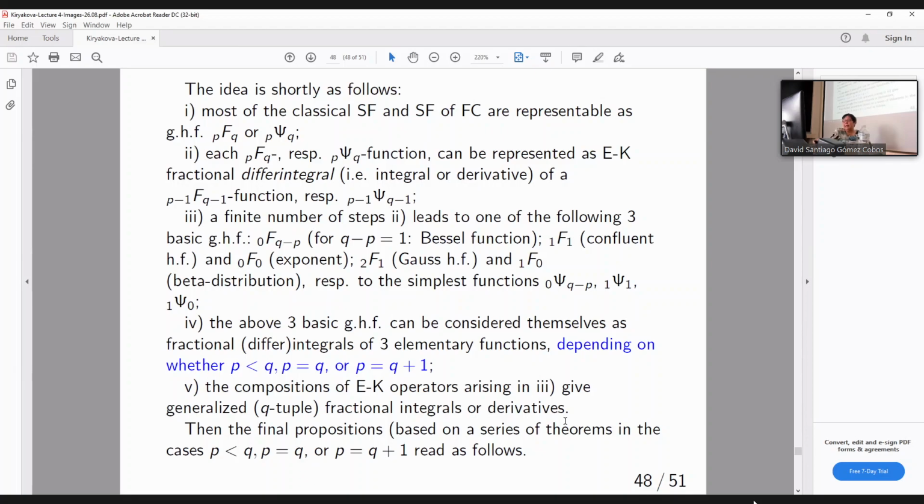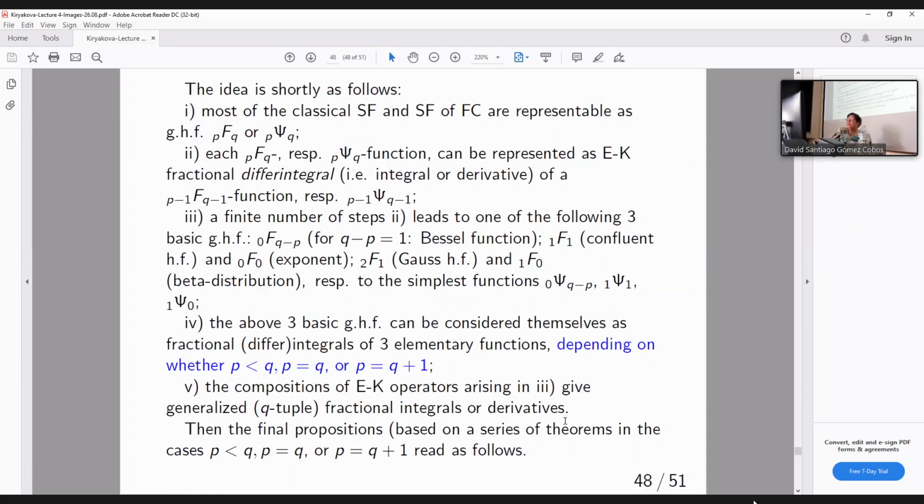So these are the three cases, and each special function can be put in one of them, depending on whether p is less than q, p is equal to q, or p is equal to q plus 1.